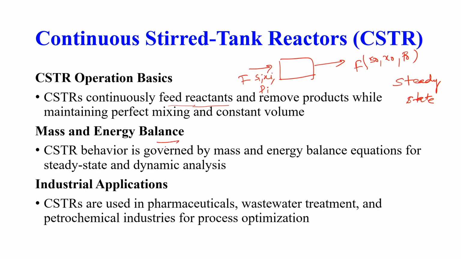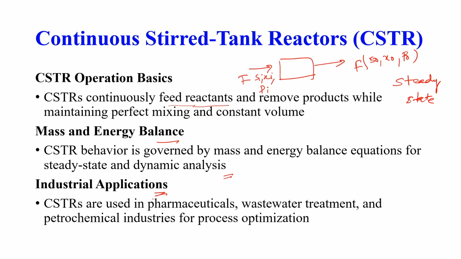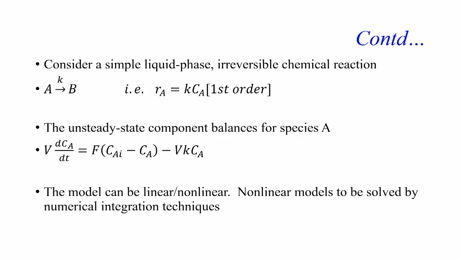The next step is to do the mass and energy balance, and once you do, you will get the desired equation to get the output or the response parameter. As we have discussed in the previous lectures as well, CSTR has a wide range of applications, from pharmaceutical to wastewater treatment and petrochemical industries.